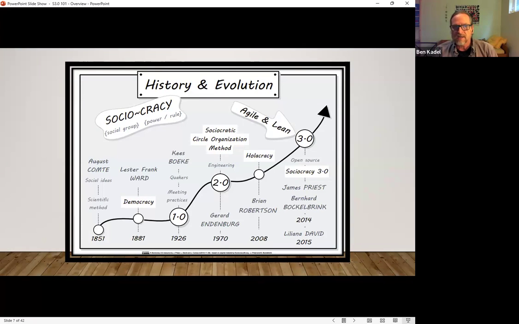Holacracy was developed as a way to make it more appealing to for-profits and large corporations. There's also Sociocracy for All, which is a kind of North American version of it. And the form that I like is Sociocracy 3.0, which has been around for almost 10 years now, which also incorporates elements of agile project management along with the core tools of sociocracy.